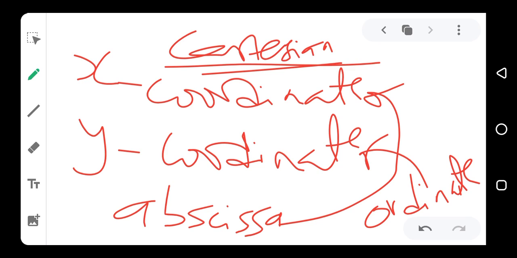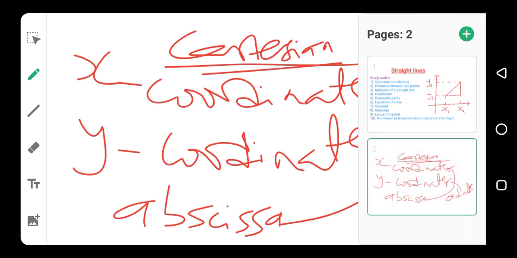Now I say that in Cartesian coordinates we represent lines with a graph. So this is a graphical form of representation of lines or junctions. Coordinates actually means junctions, the meeting points between two lines.